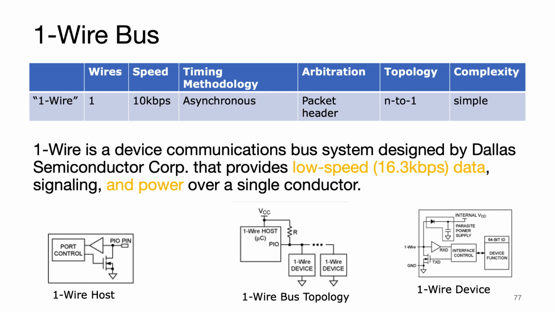So the receiving and transmitting hardware is harder, but you only need one wire. So you have a port to control. This is an open drain topology as well, with multiple peripherals through one wire with a pull-up resistor.